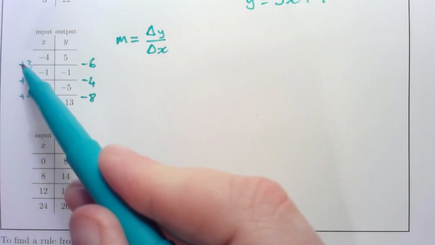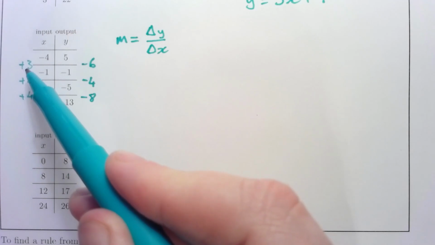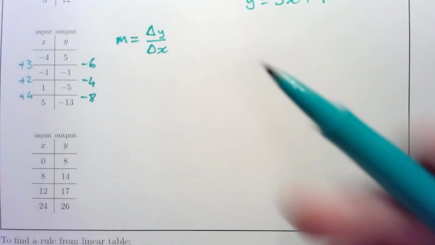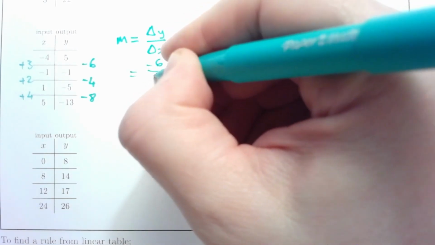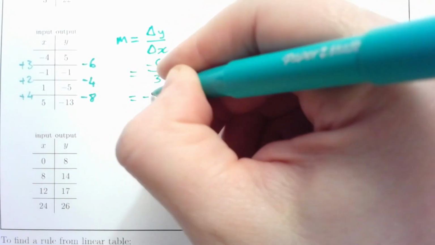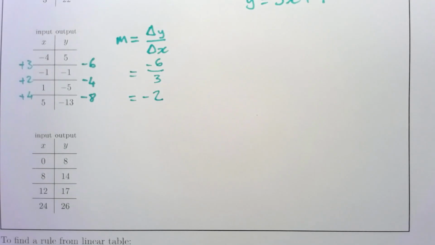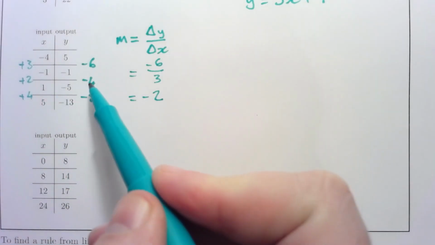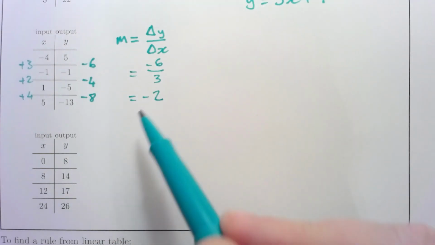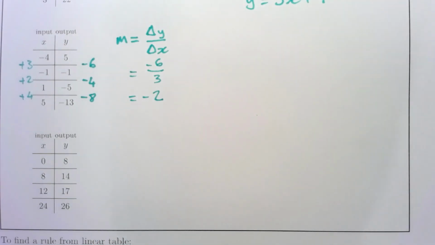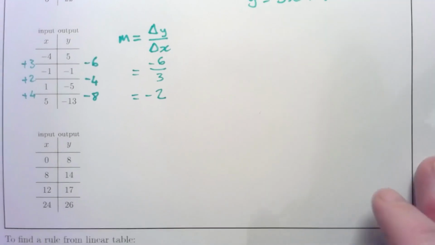Let's pick the first one. So we've got delta x is 3 and delta y is -6. So this is -6 divided by 3, which is -2. Now hopefully you can see that we could have picked any changes that we wanted to and divided them. We still would have got -2. And in fact, that's required for this to be a linear function.